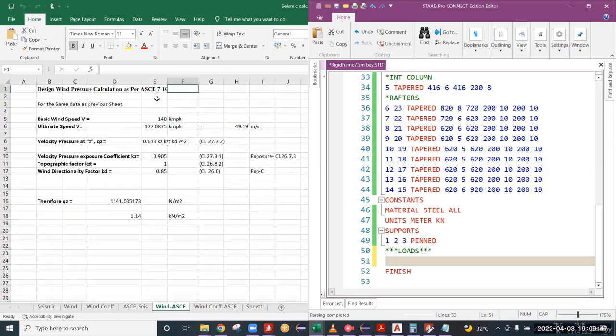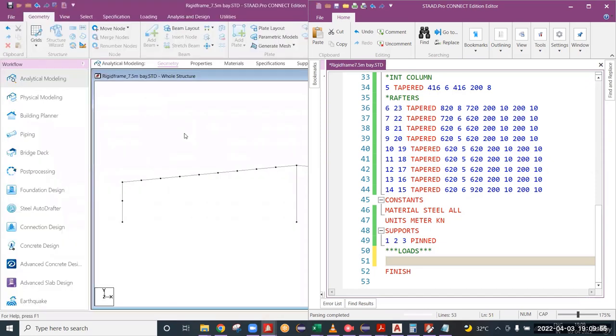For this, MBMA 2012 I am going to use to apply loads, and for seismic, I am going to use IBC, International Building Code. There is no direct provision for seismic. All the American codes will be acceptable with IBC.